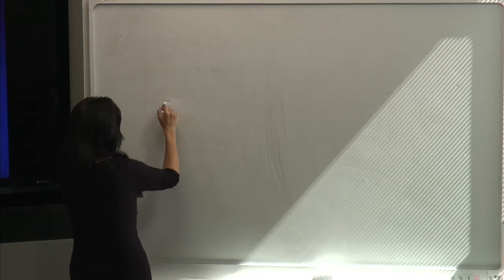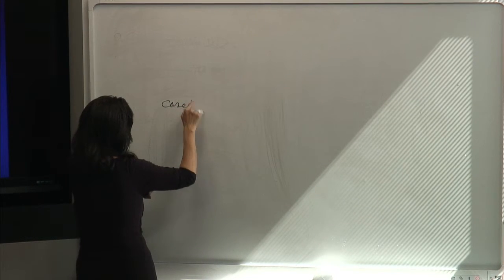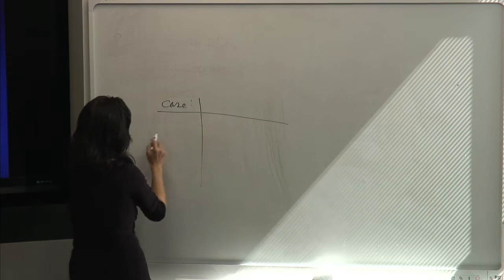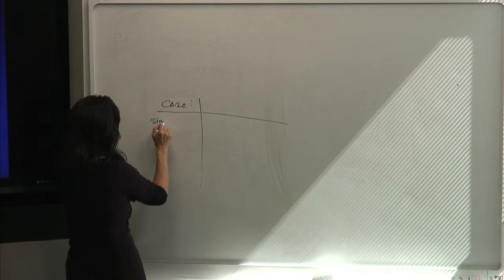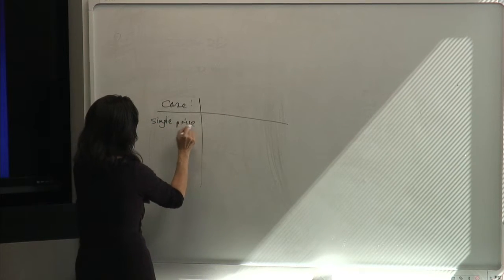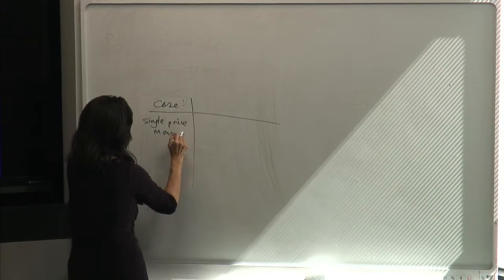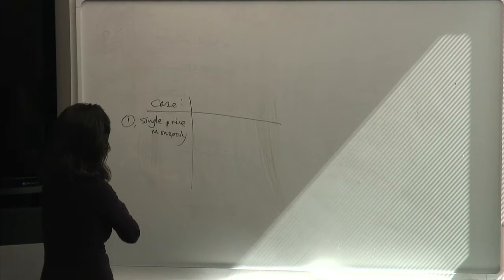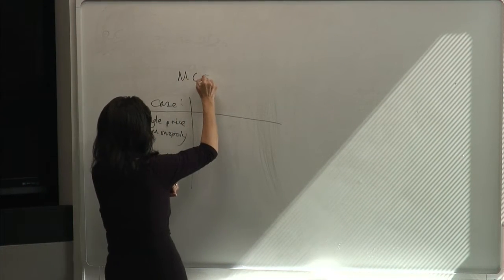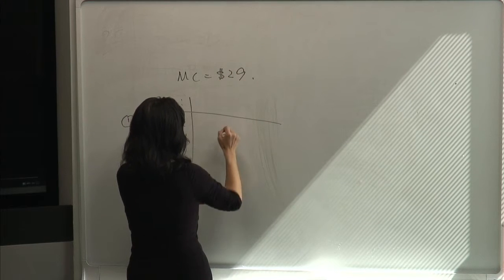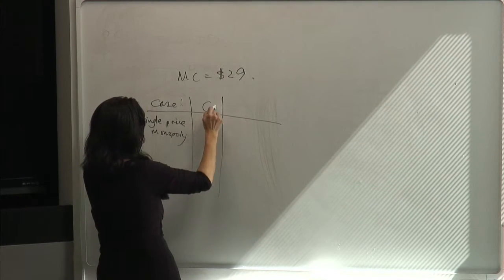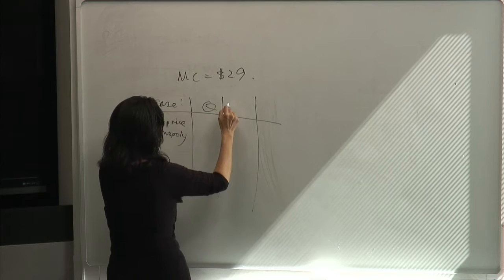Okay, let me see, marginal revenue, 40, 36. The first case, case 1, is called single price monopoly. The marginal cost is always $29 regardless. And we want to know what is the Q, and we want to know what is the profit.